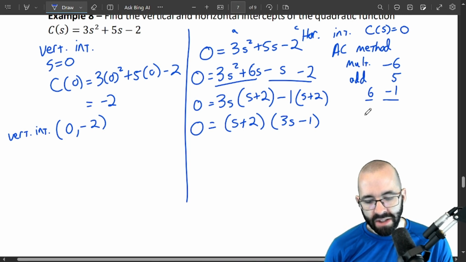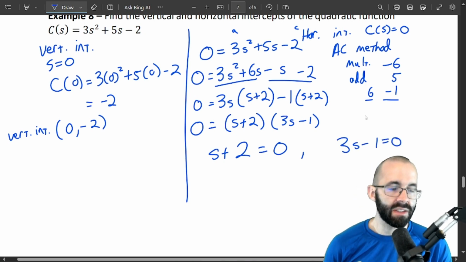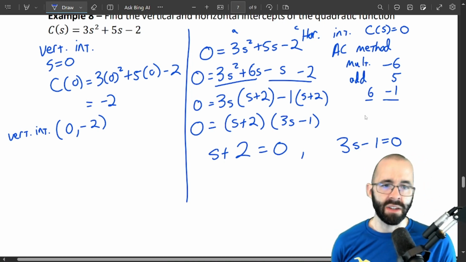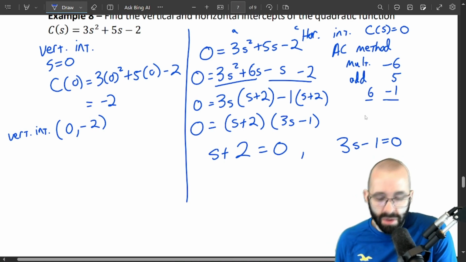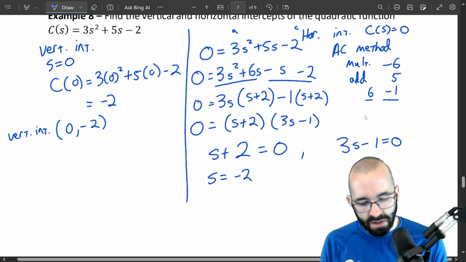So we need to solve this. This is going to be true when the first piece is 0 and when the second piece equals 0. Now we just solve each one of these linear equations. Because if you have two things that multiply together and equal 0, either the first thing is 0 or the second thing is 0, or both. This first equation is when s is negative 2.